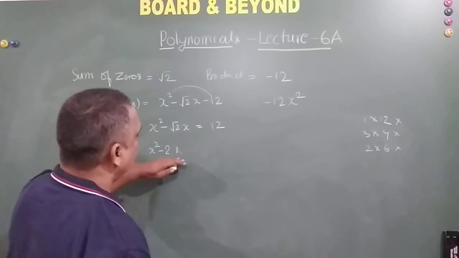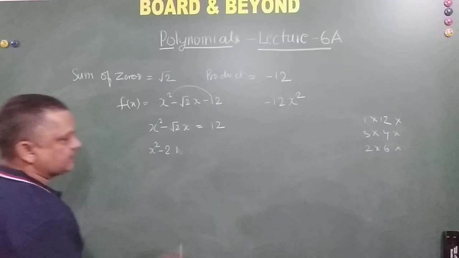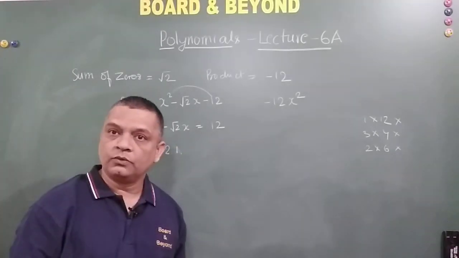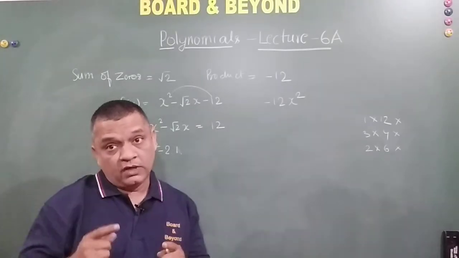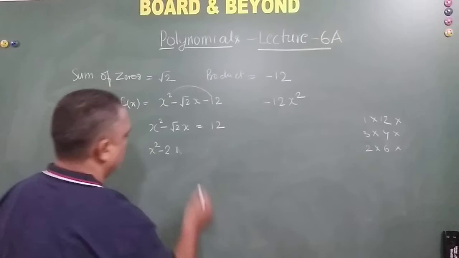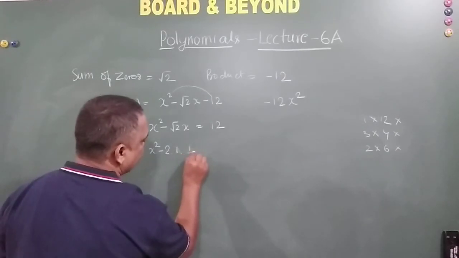Now I want to write b here something such that it becomes root 2. What can we do? So we know 2 is equal to root 2 into root 2, right? So what happens if I take b as 1 by root 2?